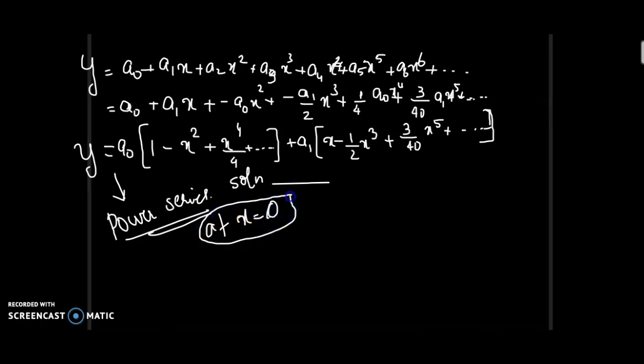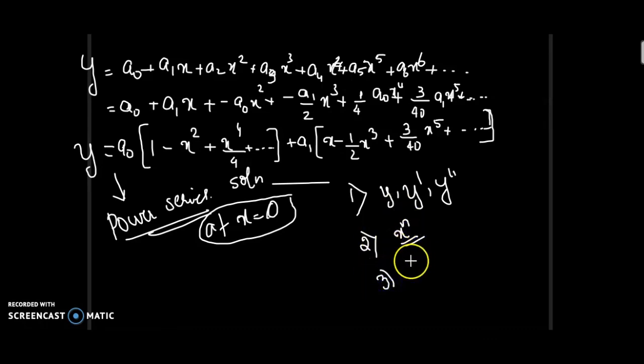Okay. So once again we are just remembering our steps. Step 1 was substituting the values of y, y dash and y double dash. Second step was making the powers same, that is converting all the powers to x raised to n. Third step was to find the least summation series and change the summation powers to that.